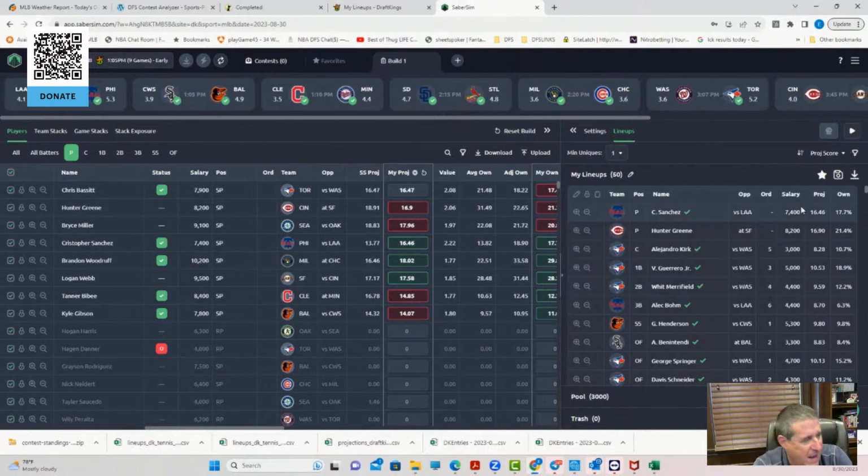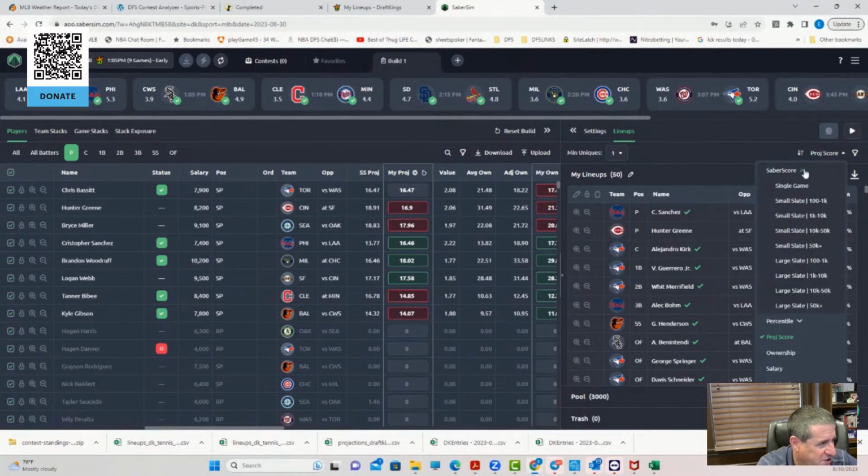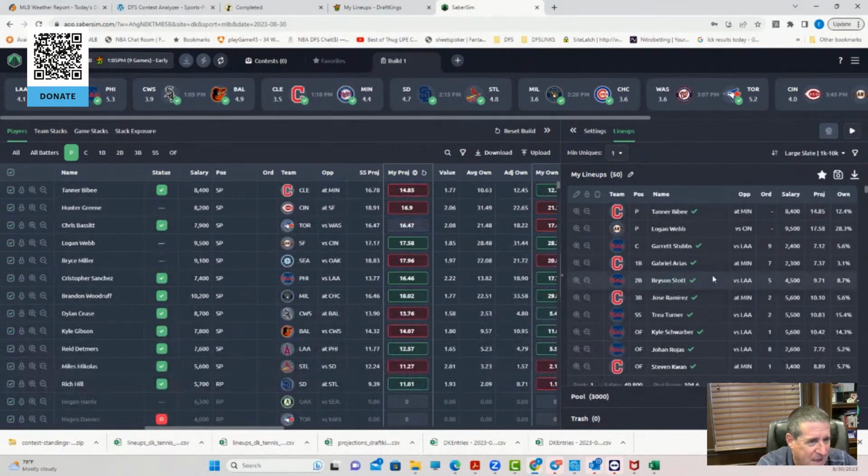And that is usually a little bit too chalky for the big buy-ins, for the MME builds. So the first thing we'll do before we do a sim is change that to sort by Saber score, and let's just call it a large slate, 1K to 10K, and see if it makes any difference with respect to the exposures and stuff.